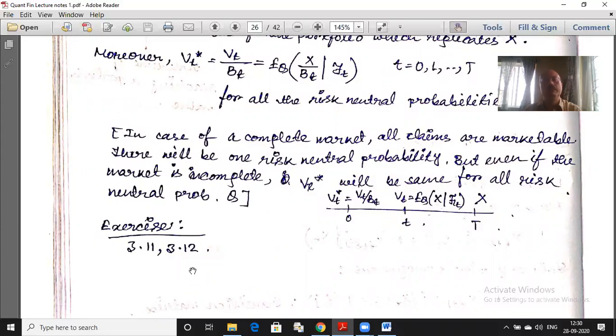So the subsequent things will basically be pricing calculations, and those calculations will rely on the concepts we have developed so far using the binomial model. So make sure that the concepts are clear to you so that when we start calculating, there are no gaps.